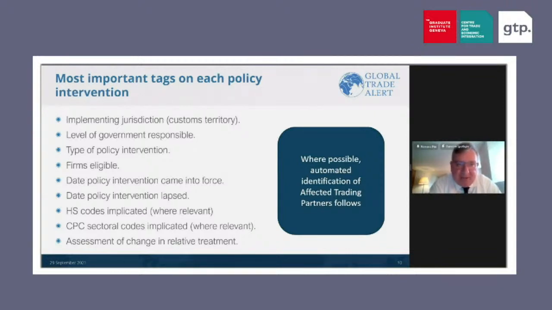We tag for the customs territory, which is implementing the measure, the level of government responsible, so that could be subnational, national, or supranational, the type of public policy intervention.